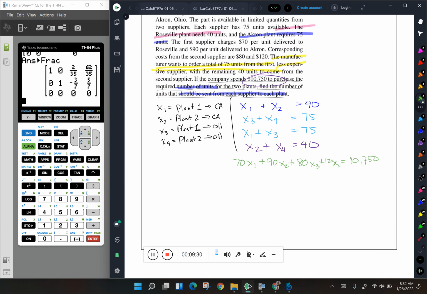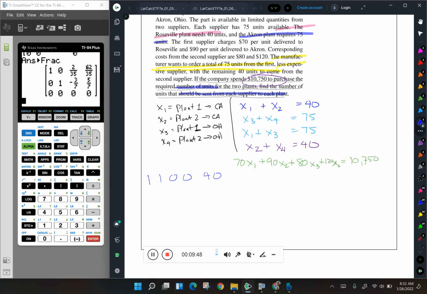So now I'm going to encode this as a matrix. How big will this thing be? Well, it's going to be a big one. Let's see. So the first equation is 1, 1, 0, 0, 40.